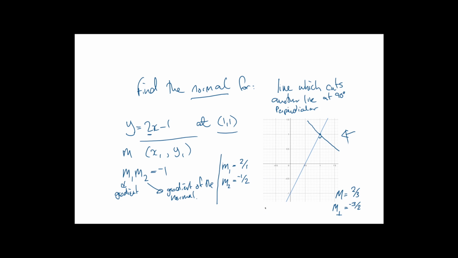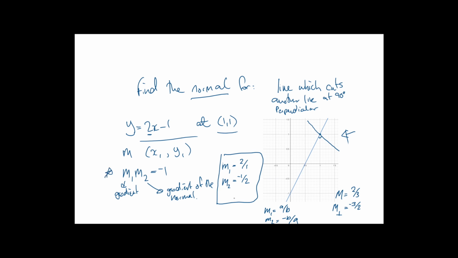So if m1 is a over b, m2 is going to be -b over a. But quite often, in fact the ones we're going to do next, you can't really do that very easily, so you have to rely on this formula here.